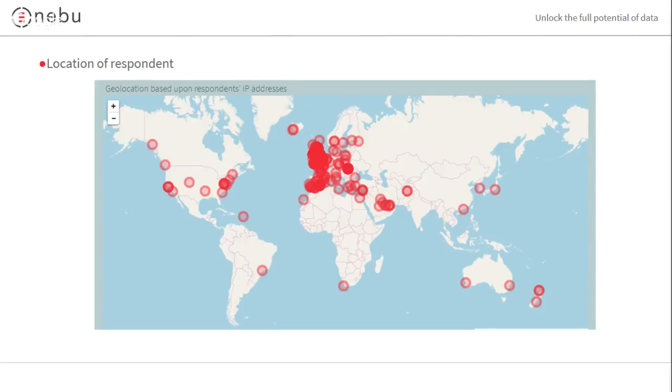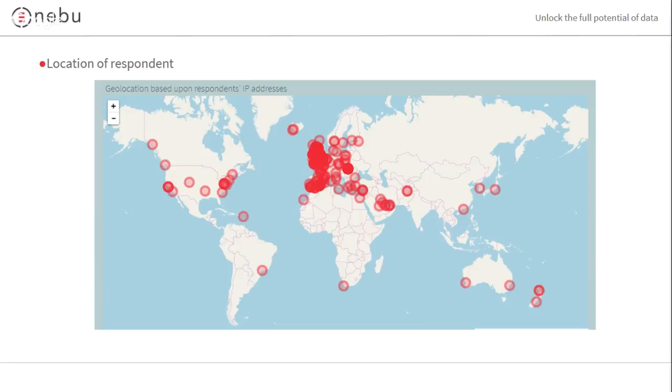Now, if we look at the location of the respondent, and again, a map that's been drawn up here based on survey responses, having the detail in the map, being able to zoom in and out of it, being able to look at what has gone on, can help, depending on different modes, to see where respondents have come from.